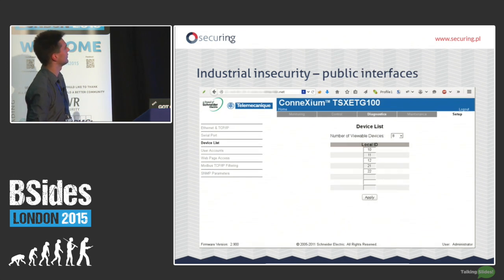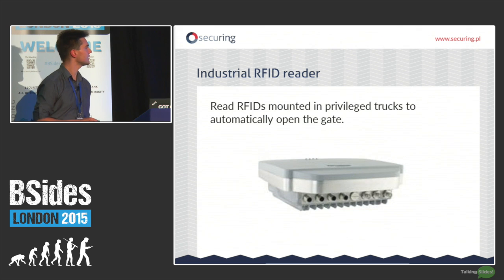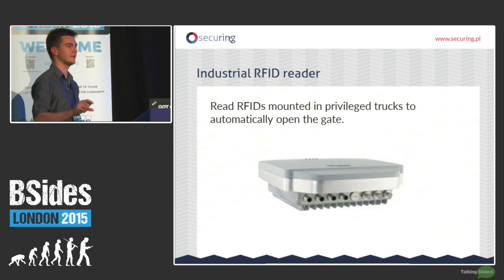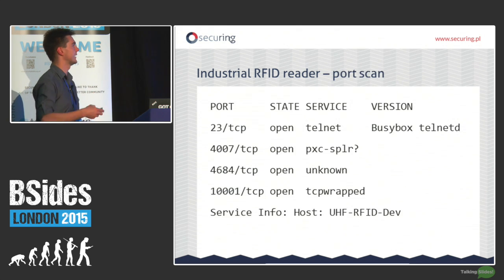This is the web interface of this solution. Well, it's not very interesting. What is interesting, there was an RFID reader at the gate of the company, and it read all the RFID tags which were on the trucks and automatically opened the gate.